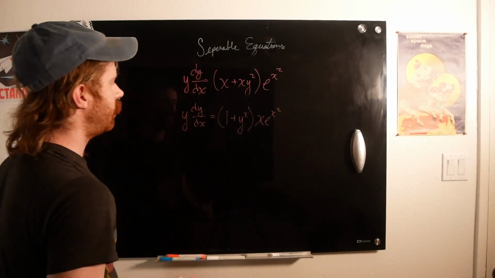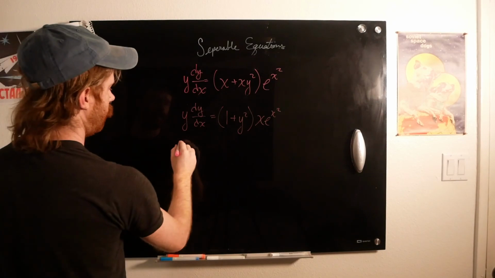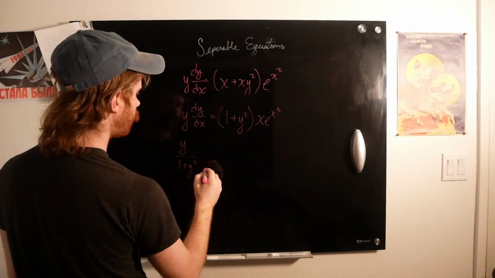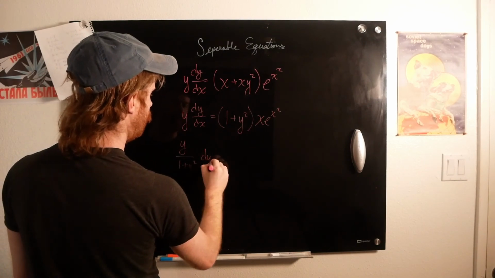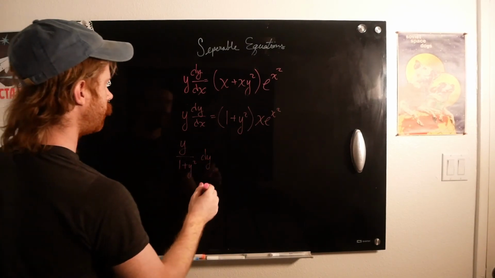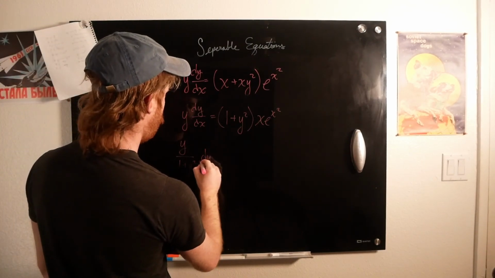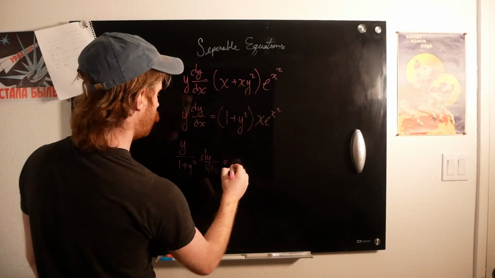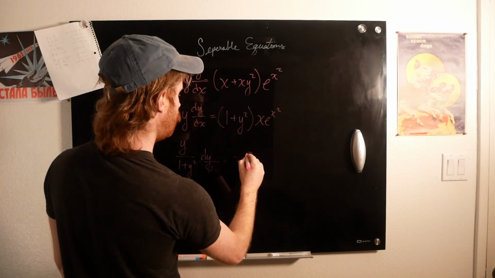Now we can divide both sides by 1 plus y squared. So we're going to have y over 1 plus y squared dy over dx equals x e to the x squared.